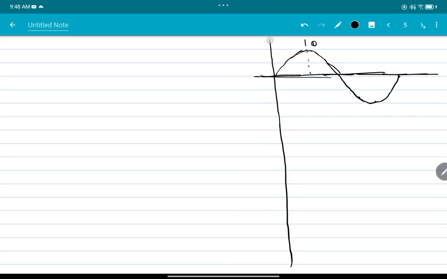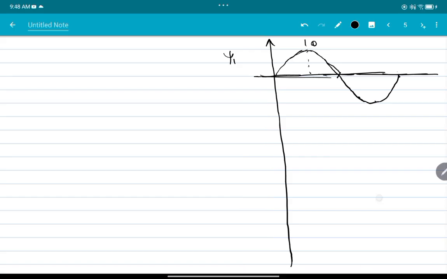Now I will call this wave psi 1, because I am going to combine another wave with it.